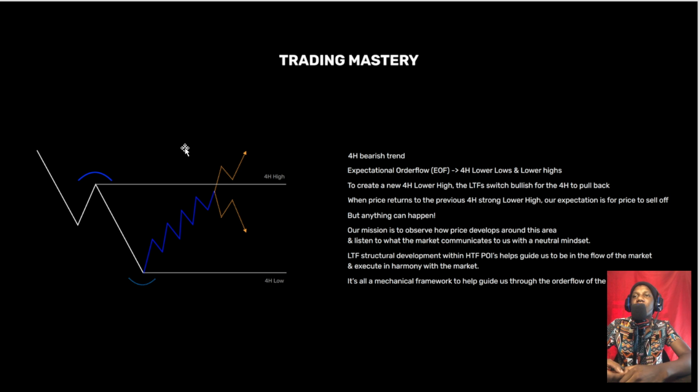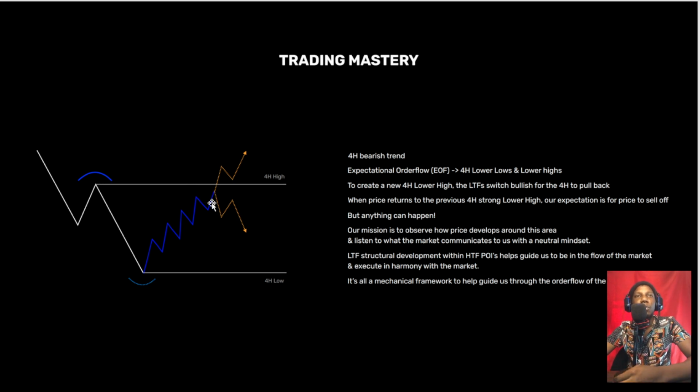Okay, so lower time frame structure development with higher time frame POIs helps guide us to be in the flow of the market and execute in harmony with the market. So it's all a mechanical framework to help guide us through the order flow of the market. Okay, so basically, if you are in the premium areas or the equilibrium areas on the 4-hour, you must make sure that you are using your POIs, points of interest, multiple things, fundamentals, to wait for price to communicate to you and show you that it's not ready to start falling lower.